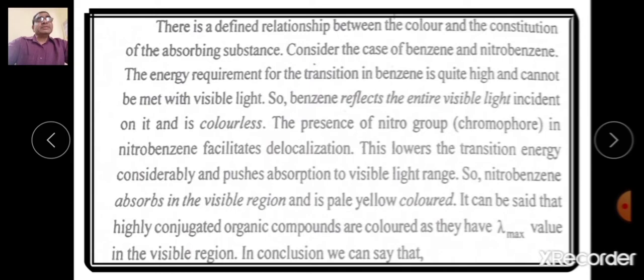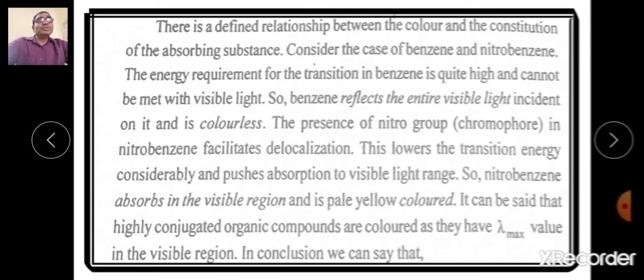When benzene is converted into nitrobenzene, that is when the chromophore nitro group is added to the benzene, this facilitates the delocalization. And this delocalization lowers the transition energy considerably and pushes the absorption to the visible light range.